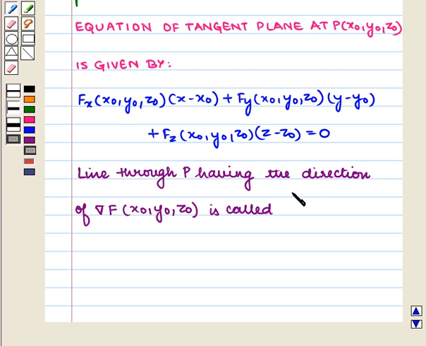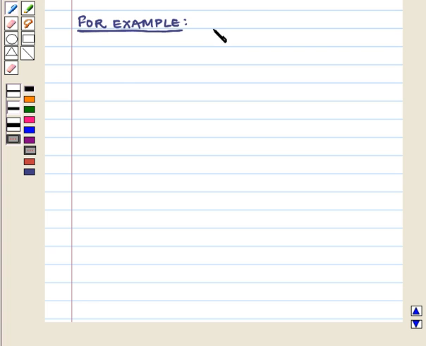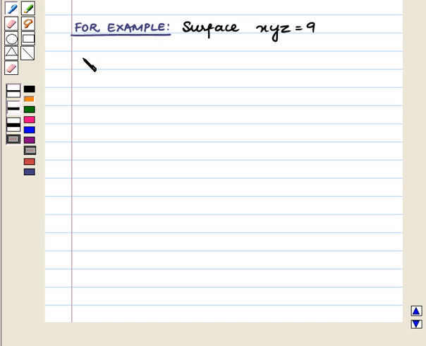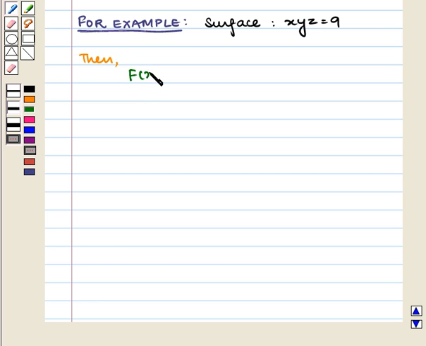The line through P having the direction of gradient of F at x0, y0, z0 is called the normal line to S at P. For example, if we have a surface given by xyz equal to 9, then capital F of x, y, z will be equal to xyz minus 9.